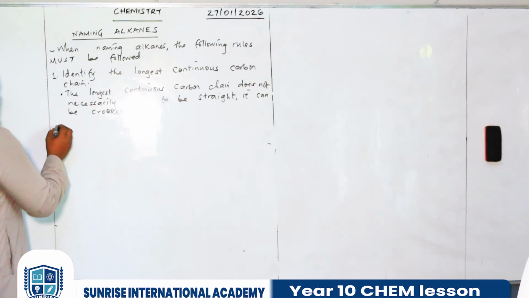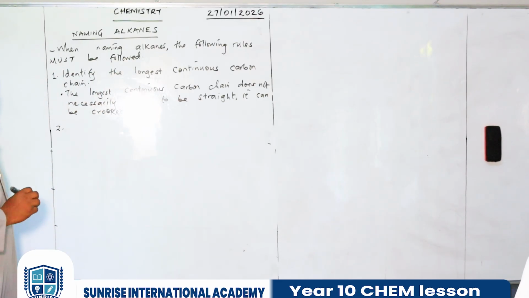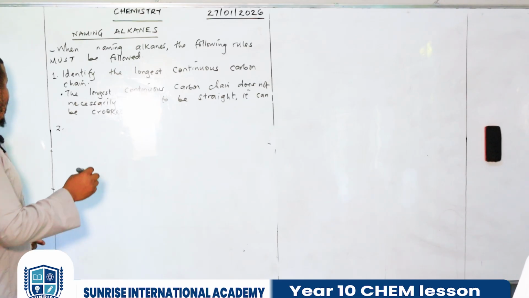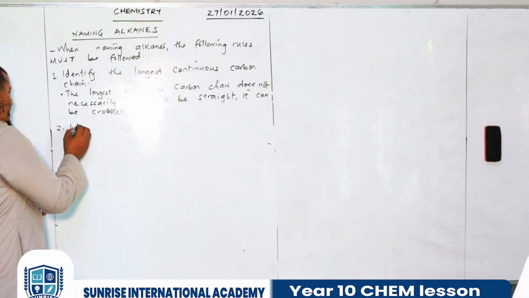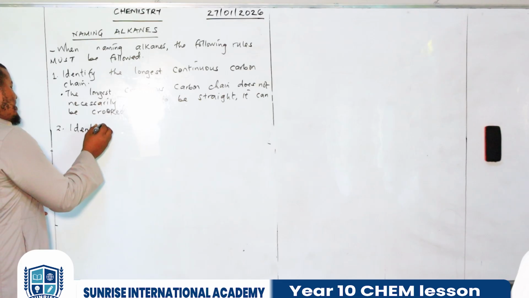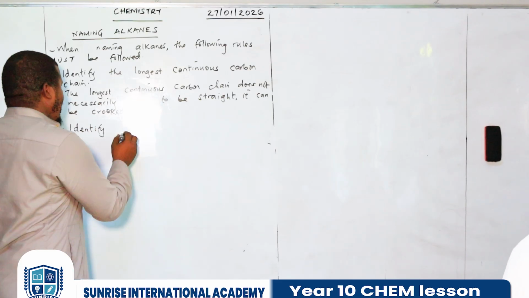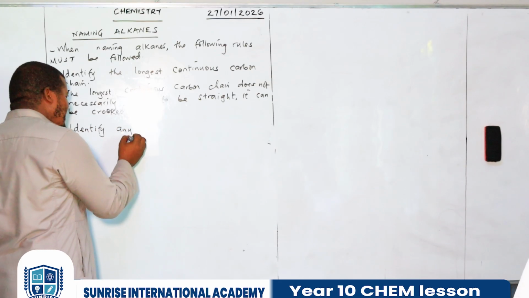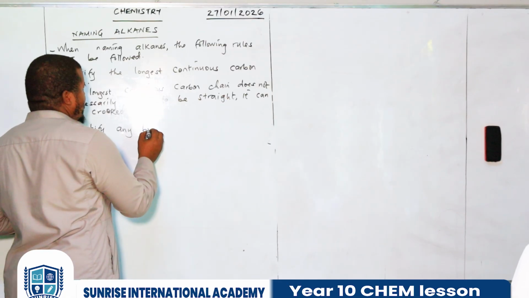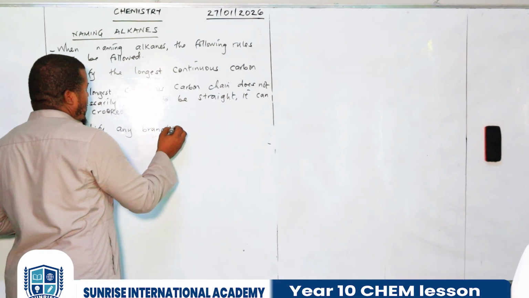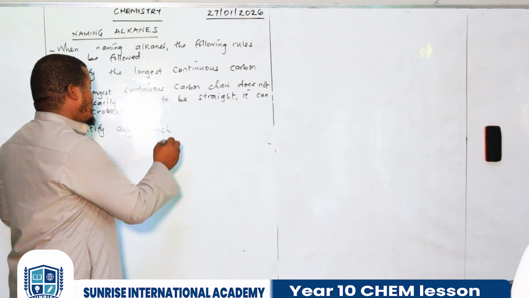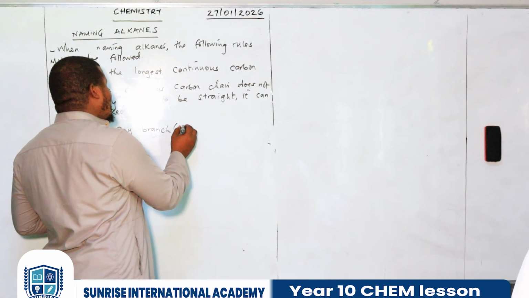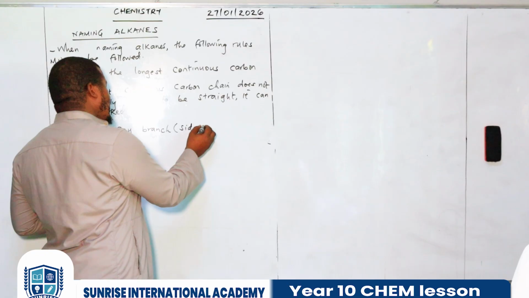Rule number 2. Identify any branch. Now, this branch sometimes is referred to as side chain.